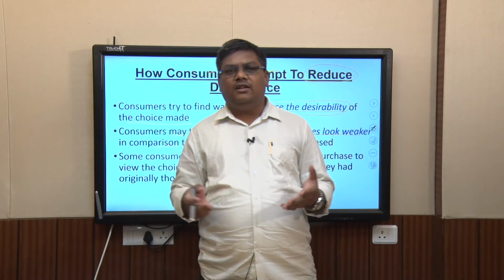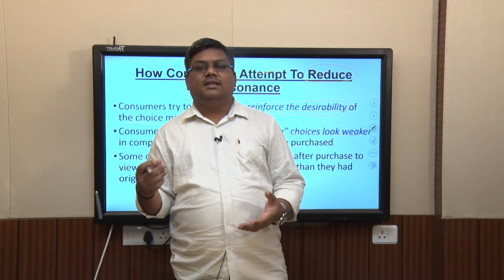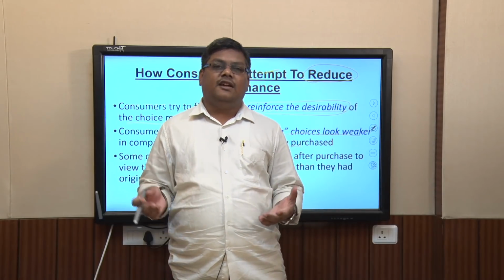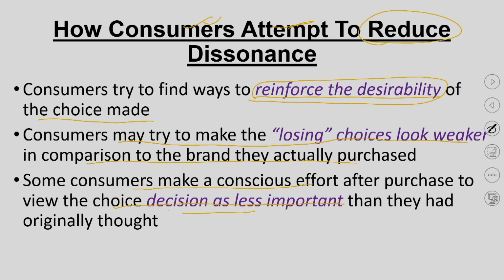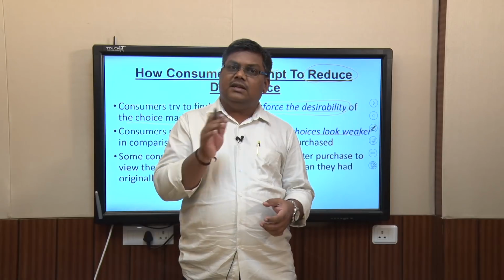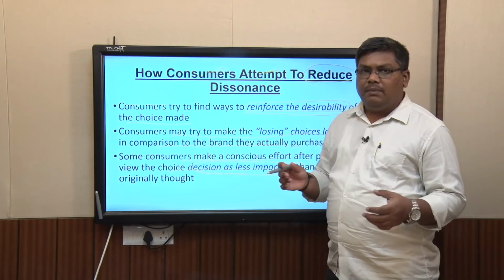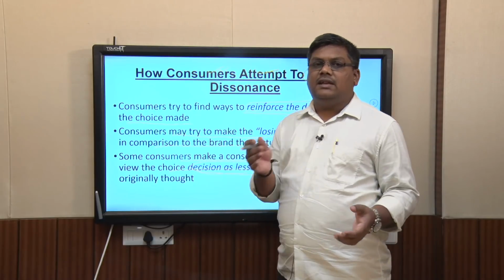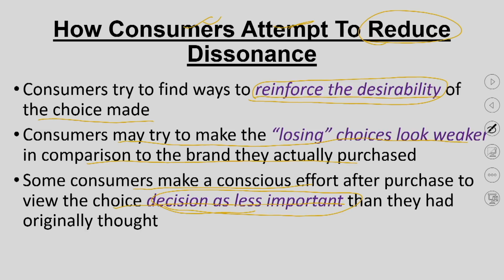Money is nothing, and that kind of statements where you say that okay, phone buying is nothing, it's not that important, but still I have bought it, and so on and so forth. So, that kind of reasoning where you make the decision of buying the product less important, instead of the one that you wanted to, because of which the cognitive dissonance is happening. What you can do is make yourself believe that the decision you have taken is less important, and that is one way to reduce cognitive dissonance.